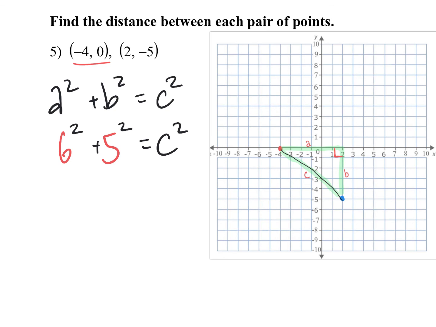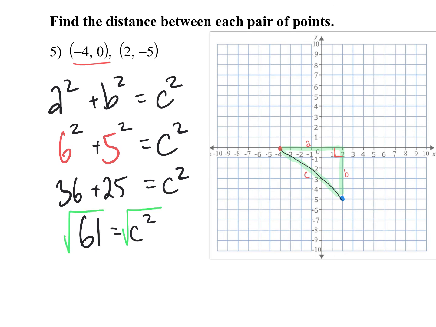All right. 6 squared, of course, is 36. 5 squared is 25, and this is equal to C squared. 36 plus 25 is 61, equal to C squared. But you know what? We need to isolate C, and so we're going to take the square root of one side, and we're going to have to take it to the other. And so C equals radical 61. That is our answer. That's the length from this point to this point.